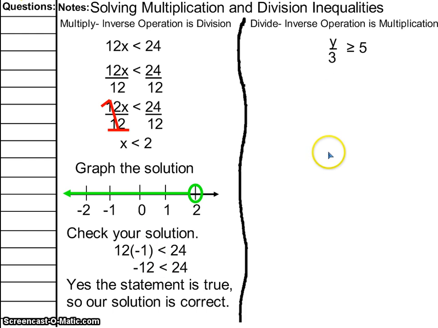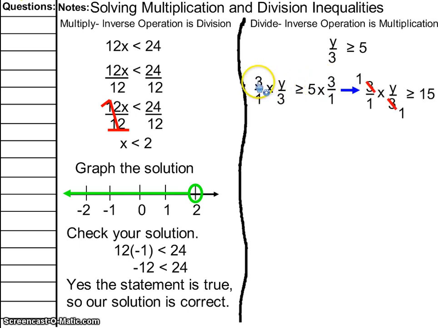Now let's look at division. We have y divided by 3 is greater than or equal to 5. The inverse operation for division is multiplication, so we're going to multiply both sides by 3.